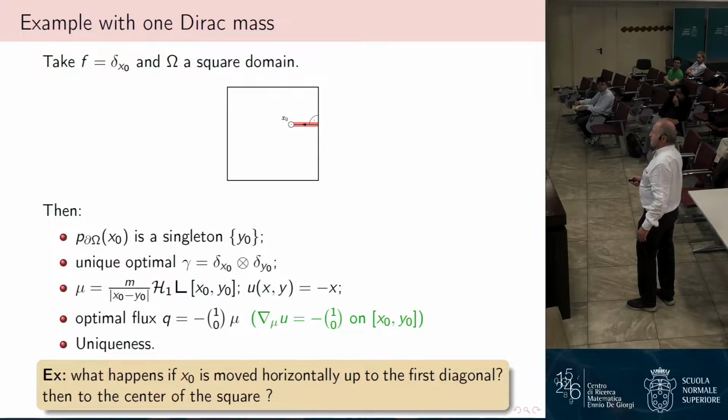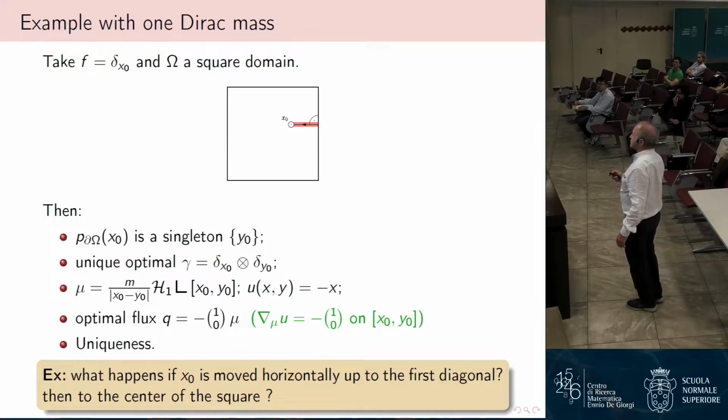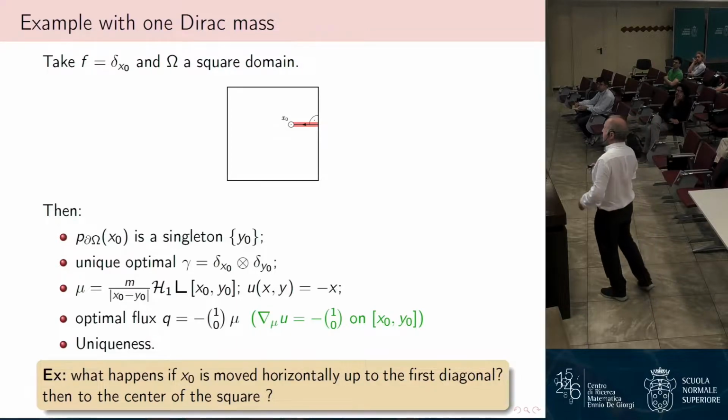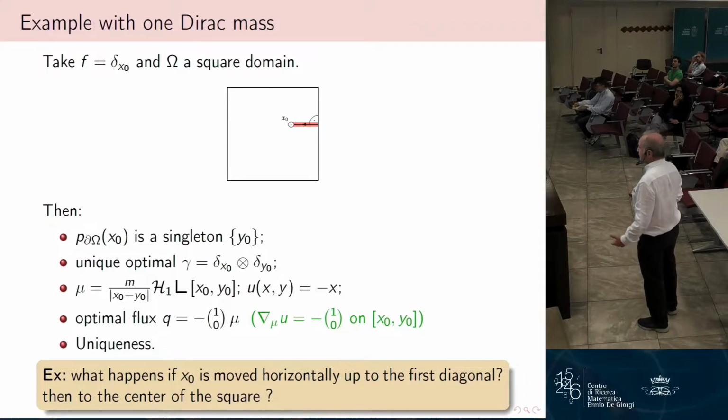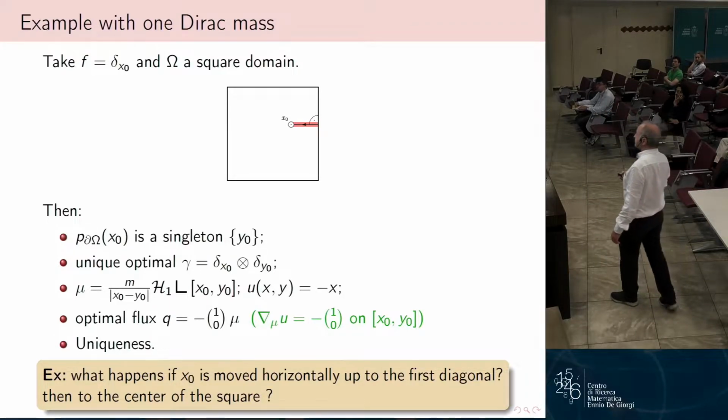You obtain the optimal measure, which is carried by the segment here, and the optimal flux, in the opposite direction, which is the gradient of u. u is the distance, so you take the gradient projected on the tangent space, which is the horizontal line. In that case, you have uniqueness.